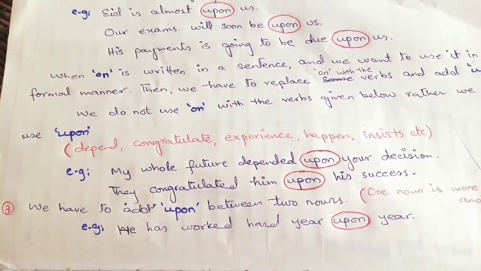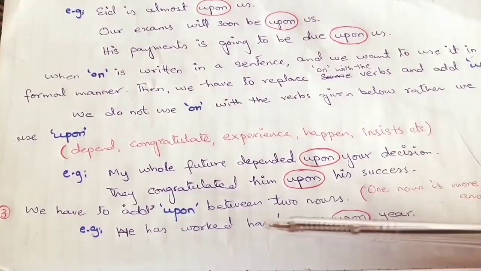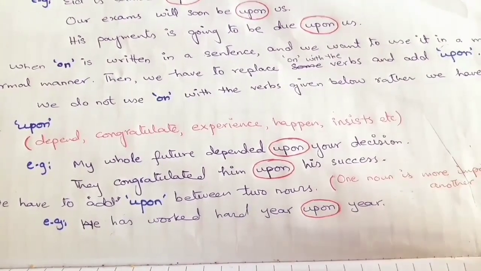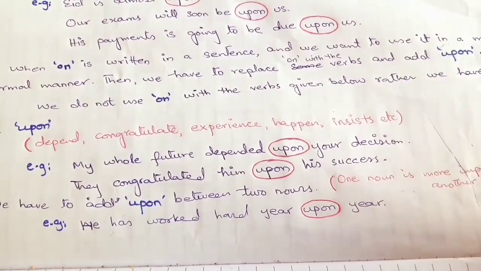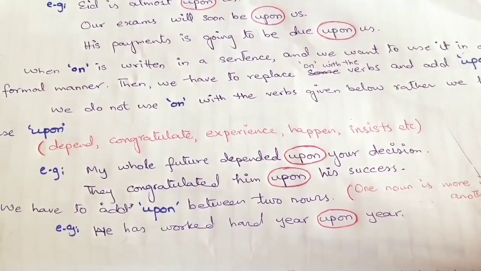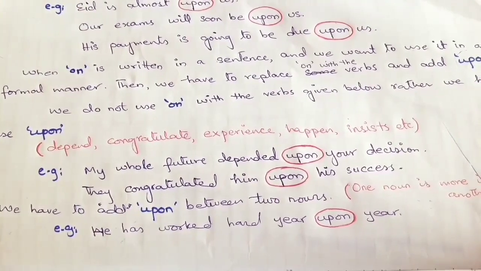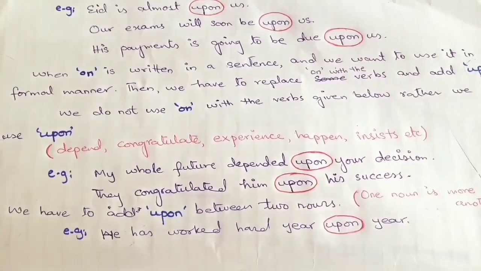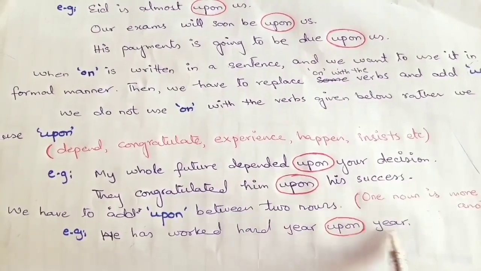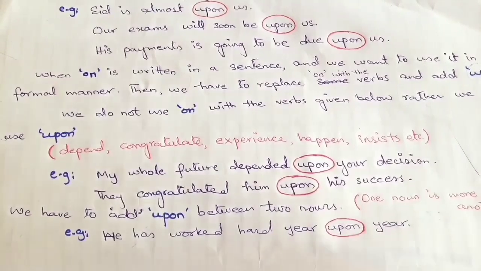The third usage of "upon" is that we have to add "upon" between two nouns, when one noun is more important than another noun. For instance, he has worked hard year upon year. See, in this sentence, this is a noun, year, and this is also a noun.